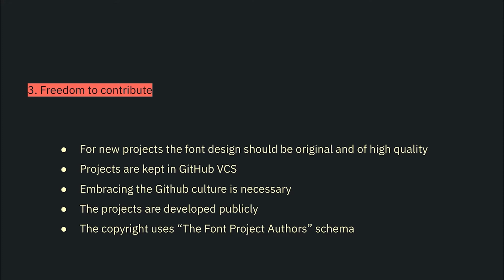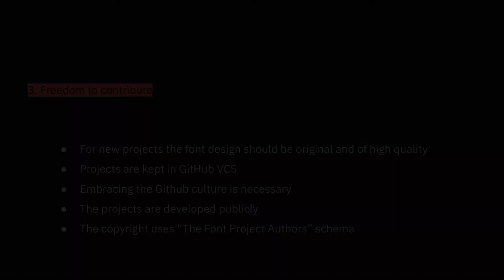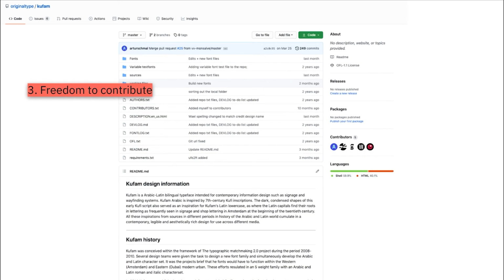The copyright uses the scheme of the authors of the typographic project, and the authors and collaborators are detailed in the corresponding files in the repository. This permits including more credits as more people get involved. The use of a version control system like GitHub is the method to put this freedom into practice.